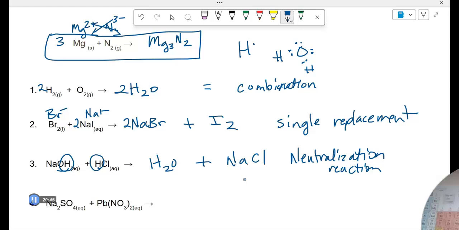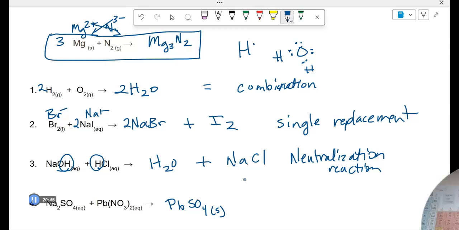I happen to know in this case that lead and sulfate come together to form a solid. So PbSO4 is going to be your solid. Now you wouldn't necessarily know that, and that's completely fine. But we would give you some information so that you could know that lead sulfate does form a solid.